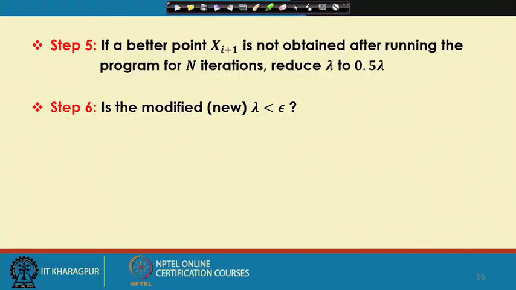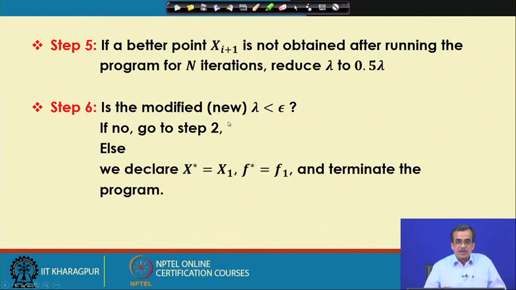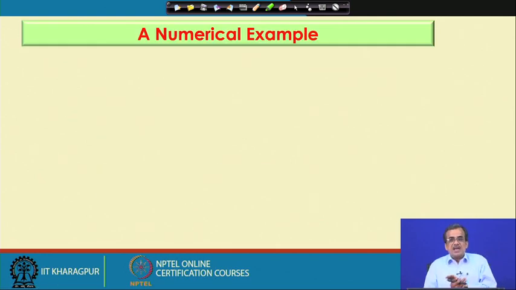So, we go to step 6 to check whether the modified lambda is less than epsilon. If no, we go to step 2, else we declare that x star equals x 1 and f star equals f 1, and we terminate the program.